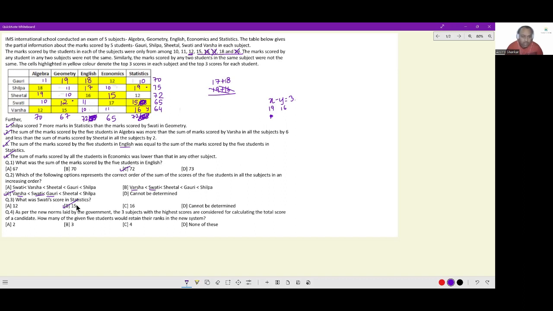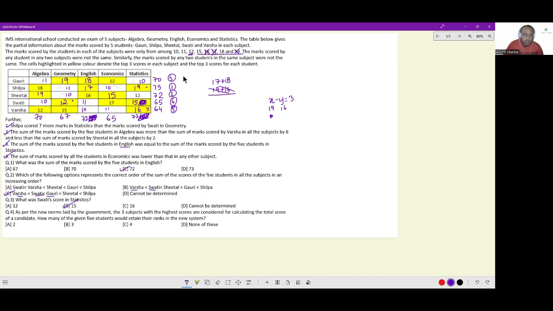Option B. As per the new norms laid by the government, 3 subjects with the highest scores are considered for calculating total score of a candidate. How many of the given students would retain their ranks in the new system? Right now, the ranks of the students are 1, 2, 3, 4, and 5.